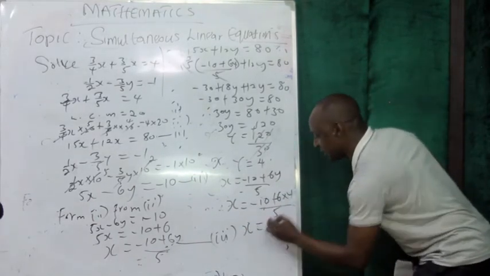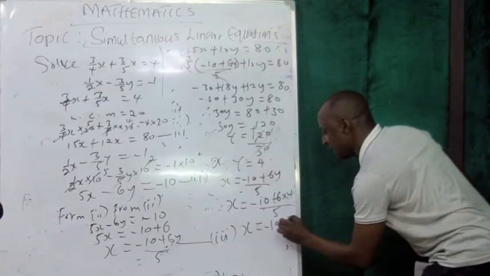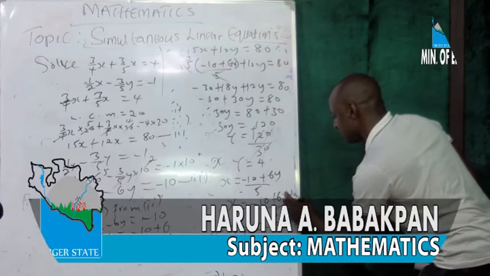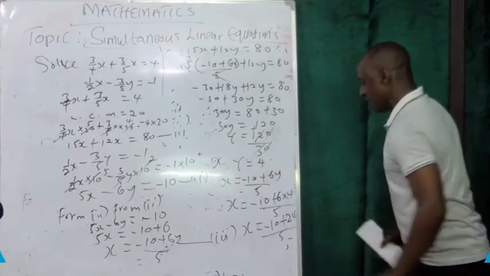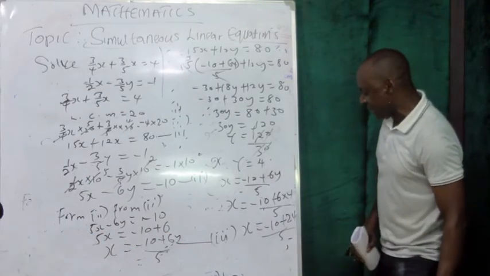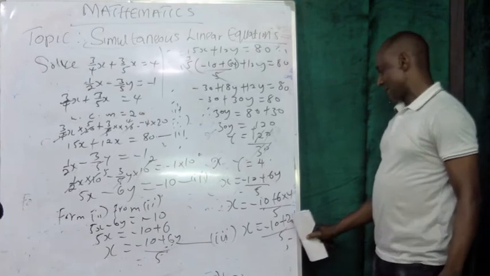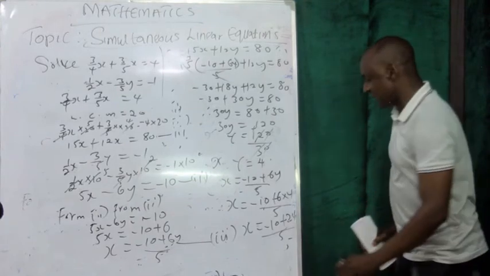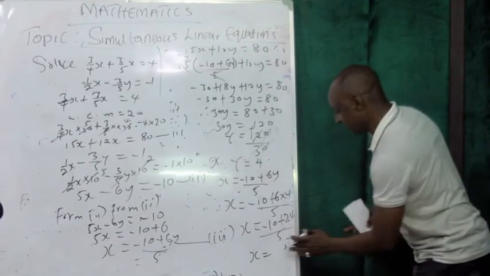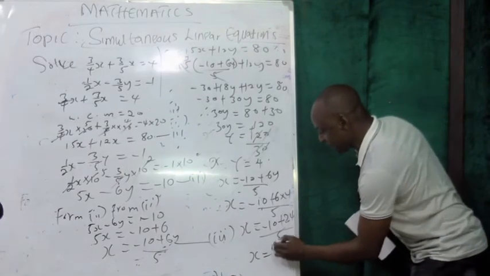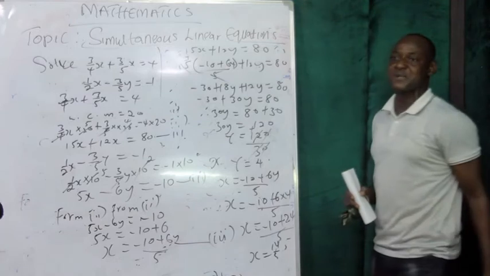And my x equals negative 10 plus 24 upon 5. If you remove 10 from 24, you have what? That is 14. So my x equals 14 upon 5, if I'm not mistaken.